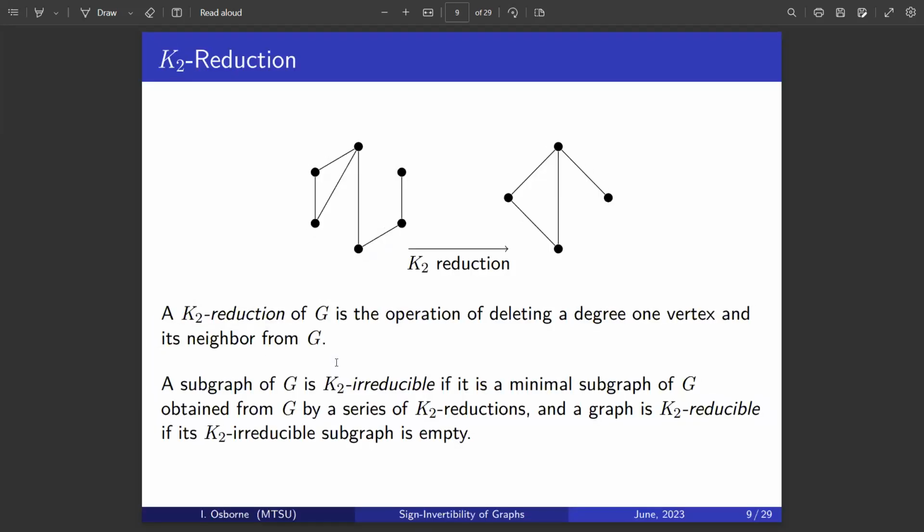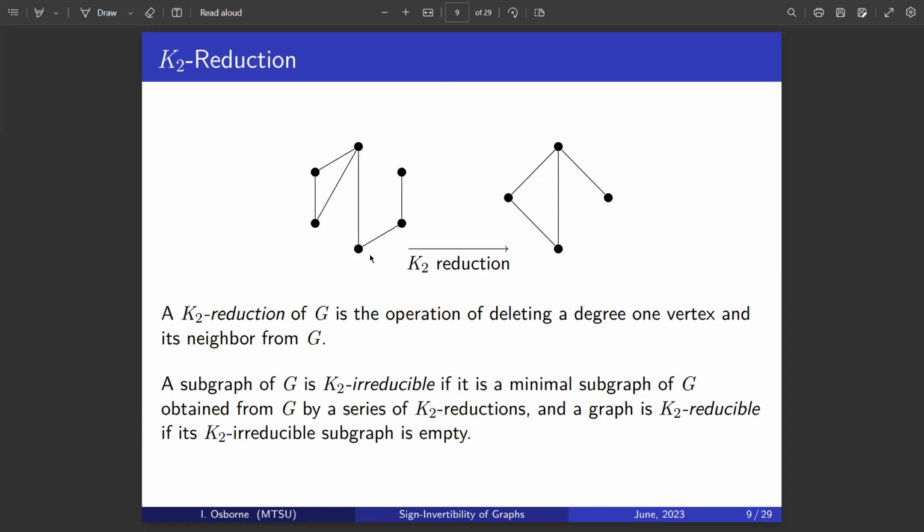Okay, and then this is one more thing that we have used a lot in our investigations. It's known as K2 reduction. What this allows us to do is, if you have a vertex and its unique neighbor, and they're just connected to each other with one edge and connected to one other vertex, you can eliminate those from the graph without affecting the absolute value of the determinant.